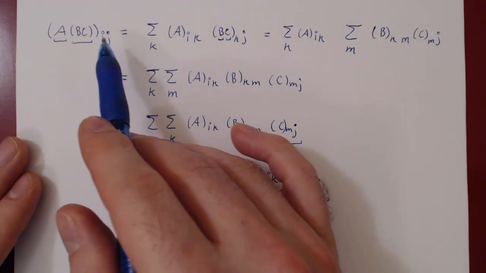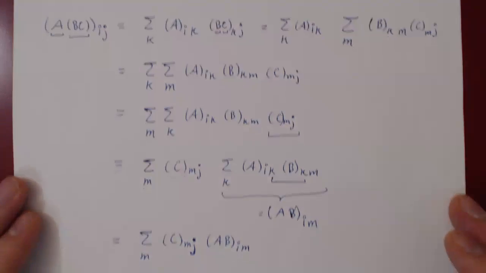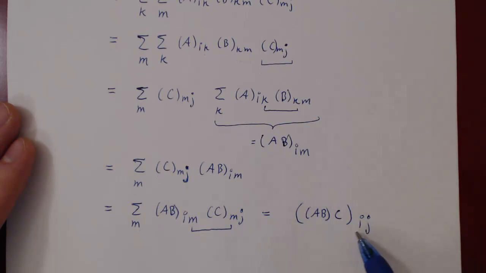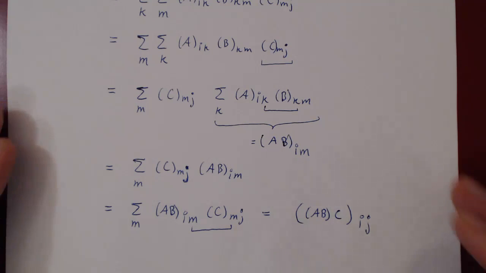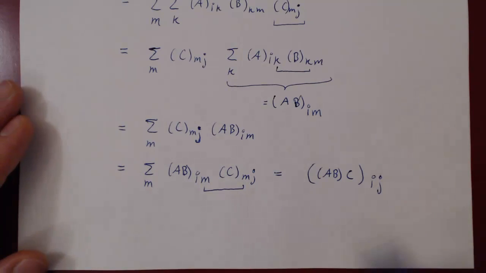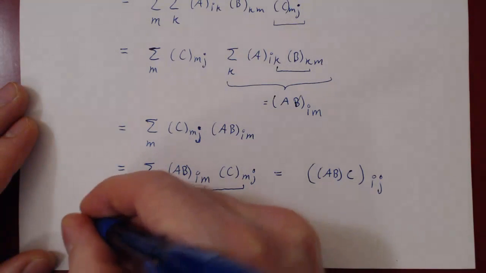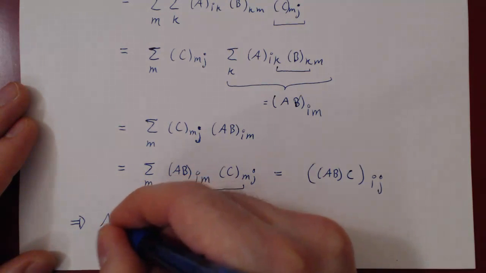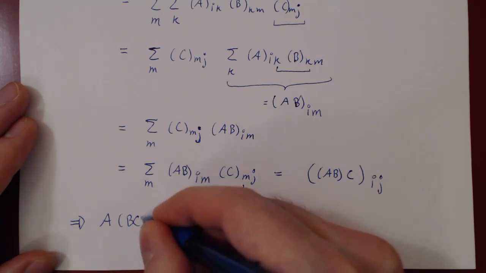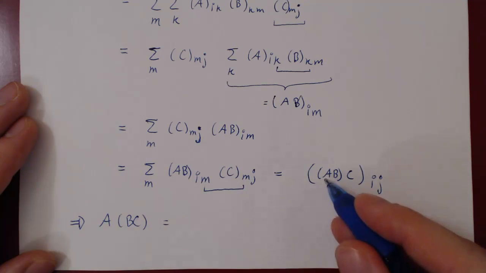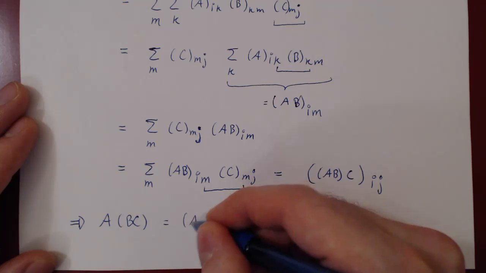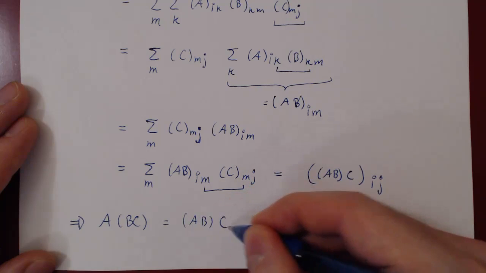This proves that both matrices are equal, as they have the same size and the same corresponding entries. And so A times BC equals AB times C.